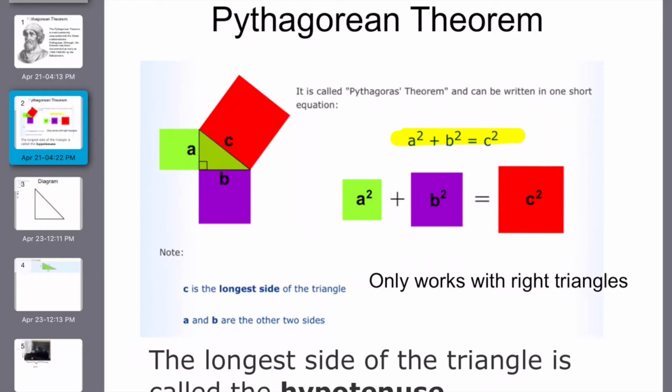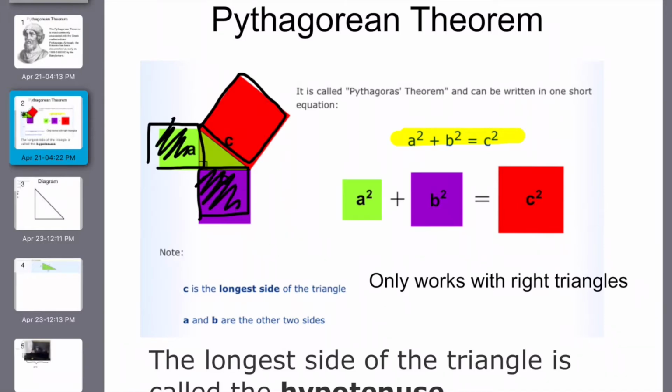Something else that's kind of cool about this is that when you think about a squared plus b squared equals c squared, you can represent it like this, where side length a is a square, b is a square, and side length c is a square. And if you add the areas of squares a and b together, their sum is actually the same area as square c.